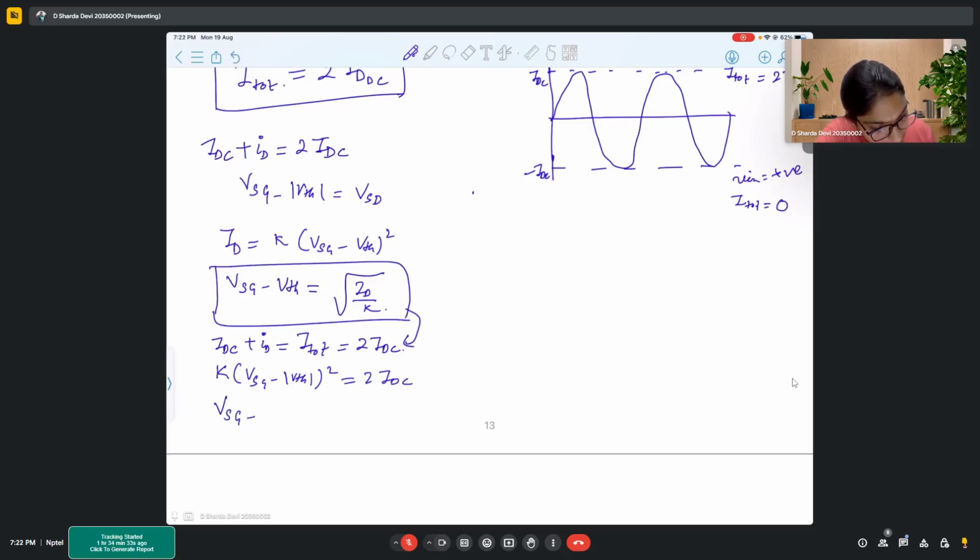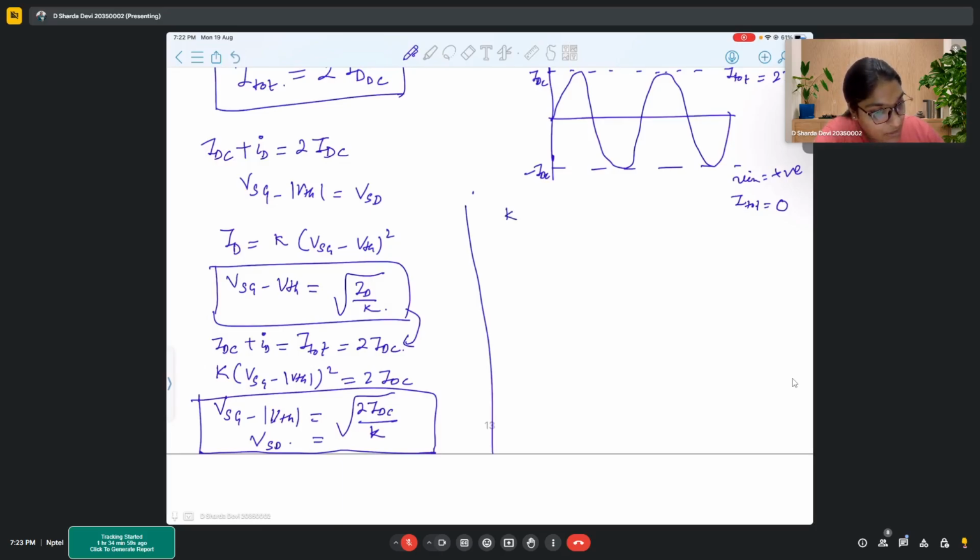Then VSG minus mod VTH is root under 2 IDC by K. This is also equal to the VSD limiting condition, right? The smallest possible VSD.